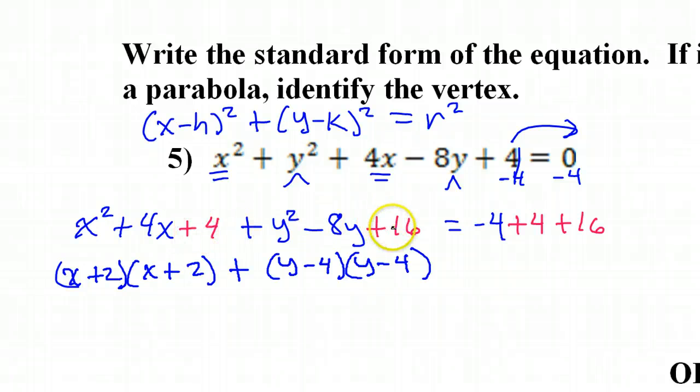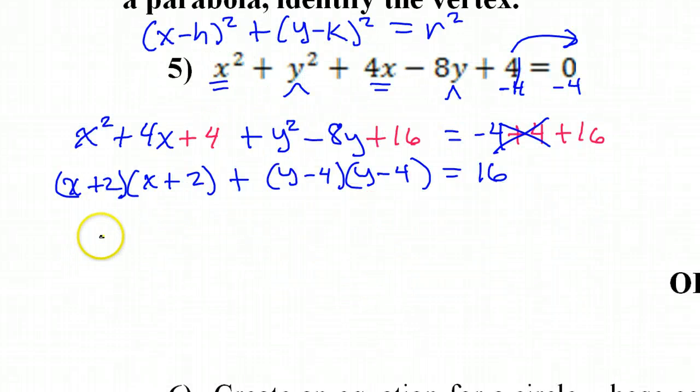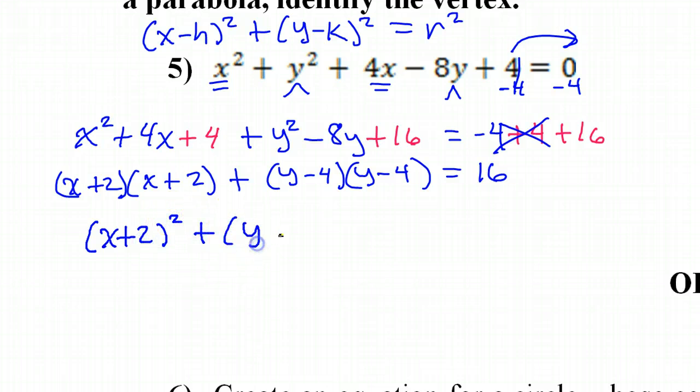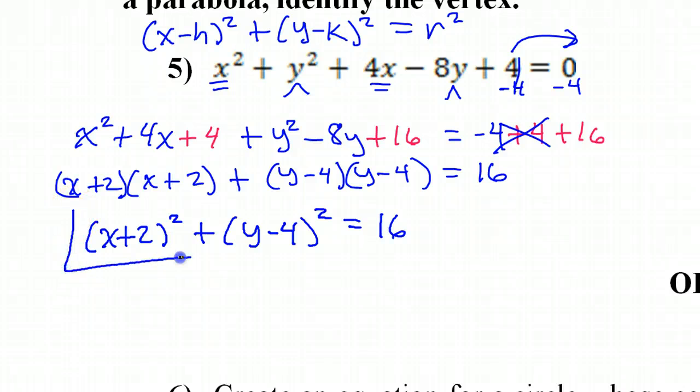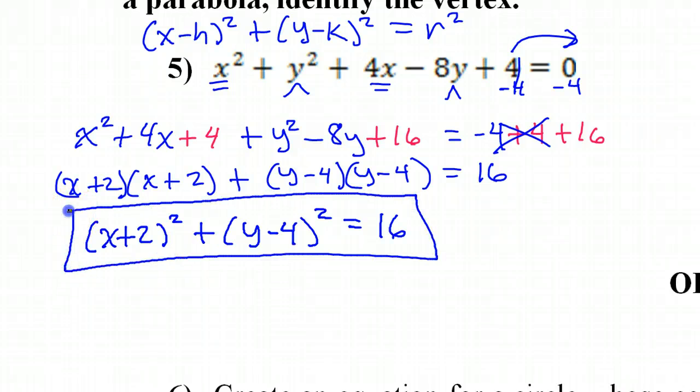Don't look at the 4 and the 16, they're always positive. Meanwhile, over here, the -4 and +4 cancel out, so I just have 16. Okay, and of course I could rewrite this as x plus 2 squared plus y minus 4 squared equals 16. So this is the standard form we were shooting for.